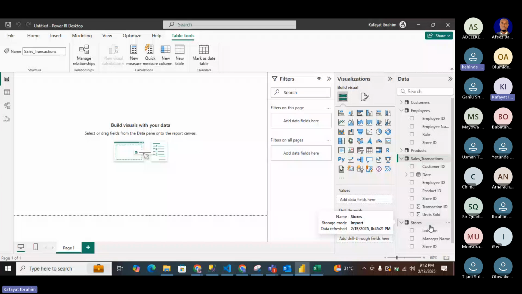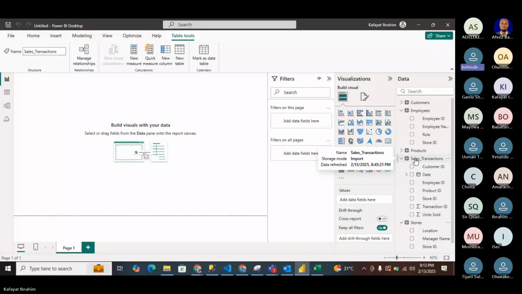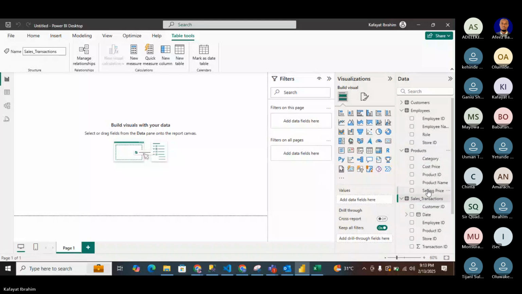Then he now created all the DAX expressions, the calculations into the table. Okay, created a new table, then he created a DAX expression into the new table. Yes. Where he housed all the DAX expressions. Okay. So I do not think so, that was 2 days ago. Yesterday we did Power BI service.